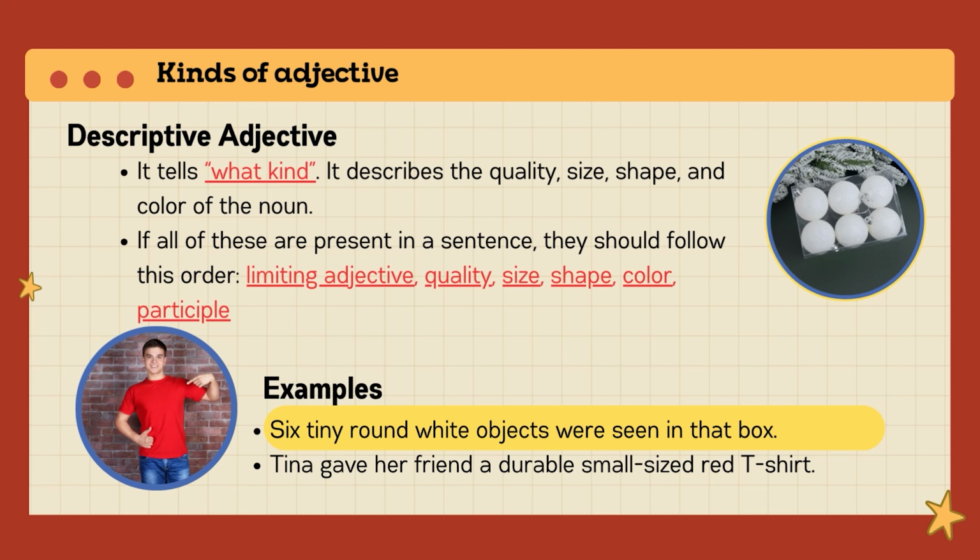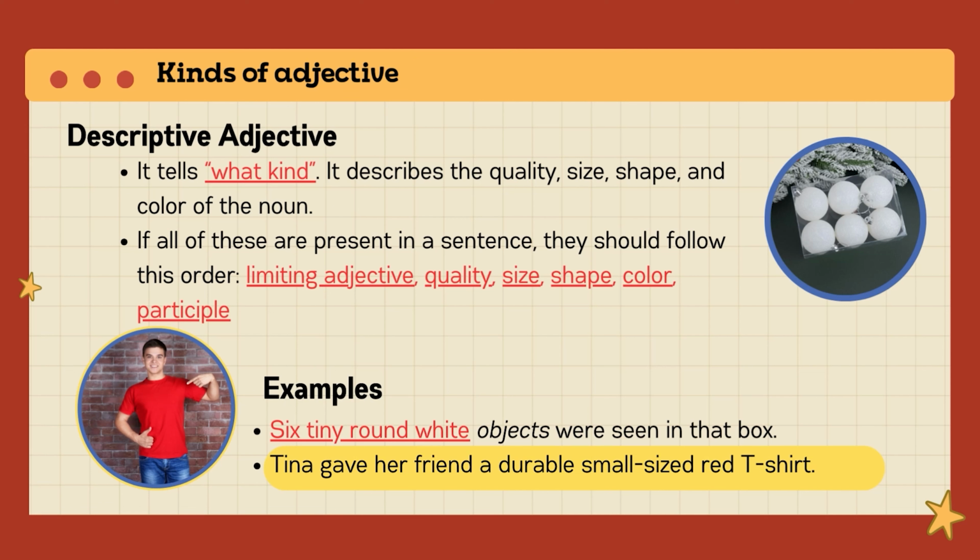To know the adjective or adjectives, we should observe first what is being described. Here in the first example, the one that is being described is an object. What about this object? There are 6 of them. They are tiny, round, and white. We see that the sentence structure followed the order.